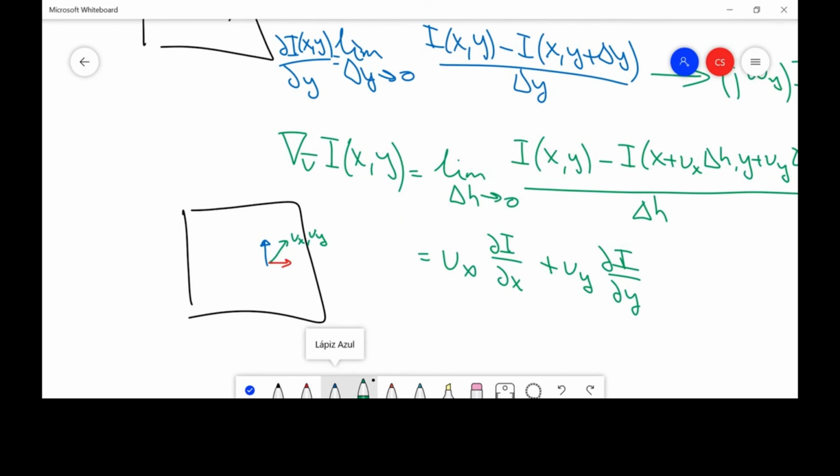And there is an even more compact way to define this expression. This is ux, uy. This is a vector. Inner product with partial I over partial x, partial I over partial y.